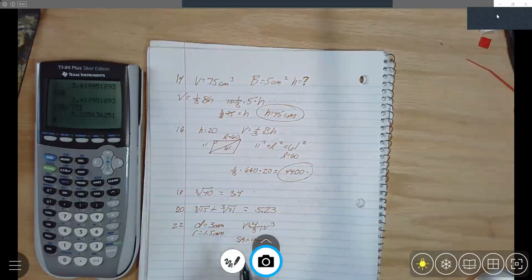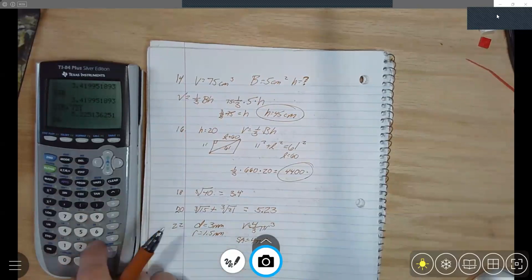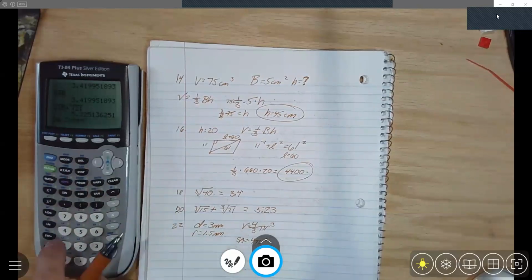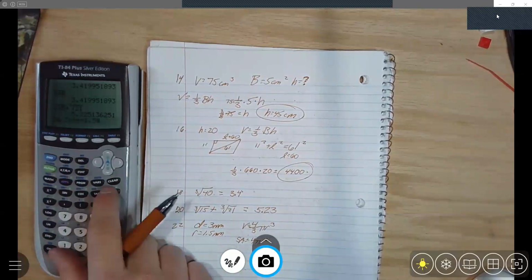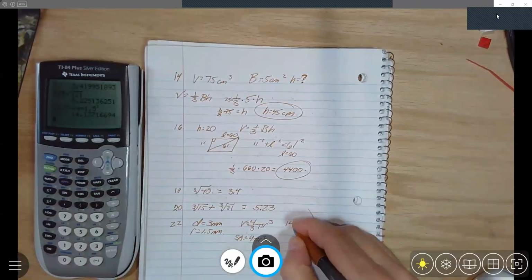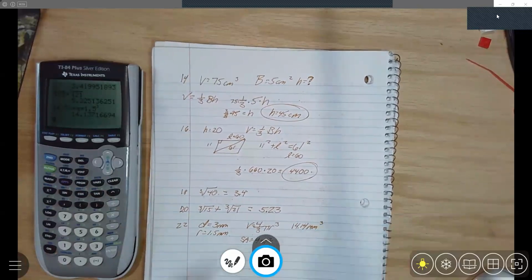This one would be a pain to do in my head. So 4/3 times pi times 1.5 cubed. So volume is 14.14 millimeters cubed.